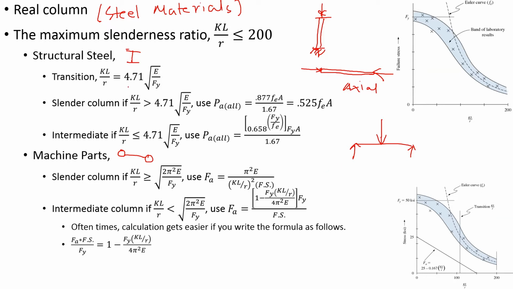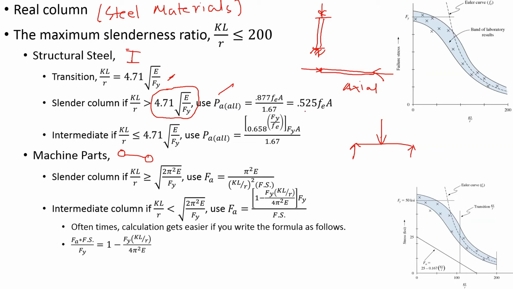For structural steel, there is a transition criteria, KL by r, the slenderness ratio. If the slenderness ratio is more than 4.71 times the square root of the modulus of elasticity divided by the yield strength, then we call that a slender column or tall column, and we can use this equation to calculate the load.